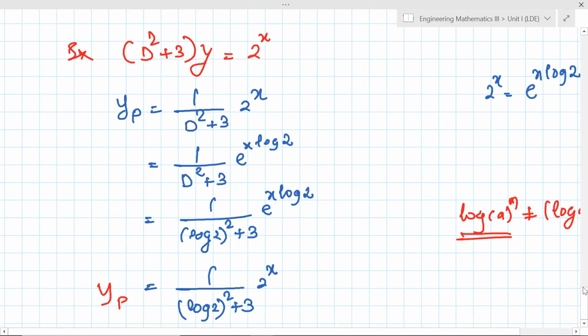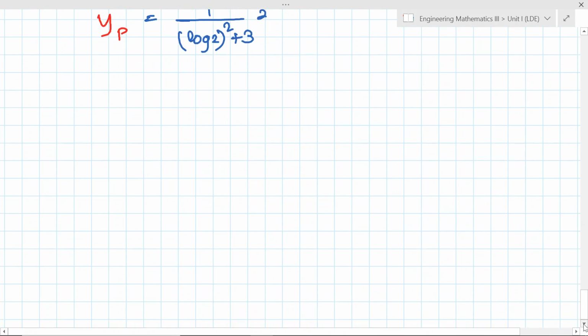One more thing for this case, just a third note. If we have 1 upon d minus a into e raised to ax, whatever that a is, it is the same in the power of e. So my answer is x into e raised to ax.